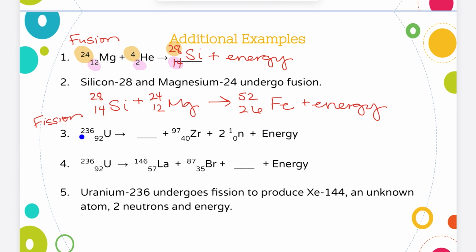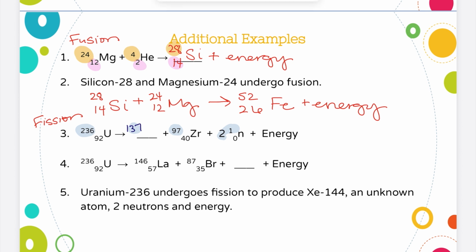So as we are looking at this 236, I know that needs to equal this number, plus I have two neutrons. And so I'm going to go 236, and I'm going to subtract off 97, and I'm going to subtract off 2 to get that I'm going to have a mass of 137.